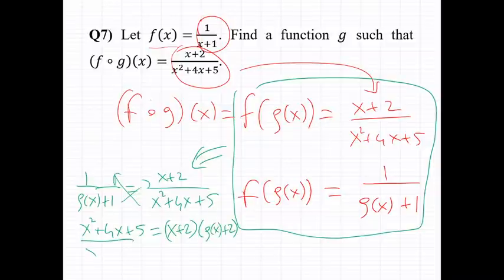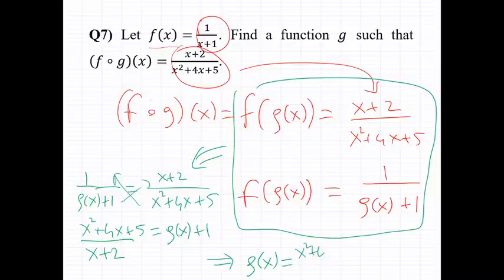And you can divide both sides by x plus 2, and you will end up with, this will be 1, sorry, you will end up with this. So then g of x is equal to (x squared + 4x + 5) divided by (x + 2), minus 1. And this is the final answer.